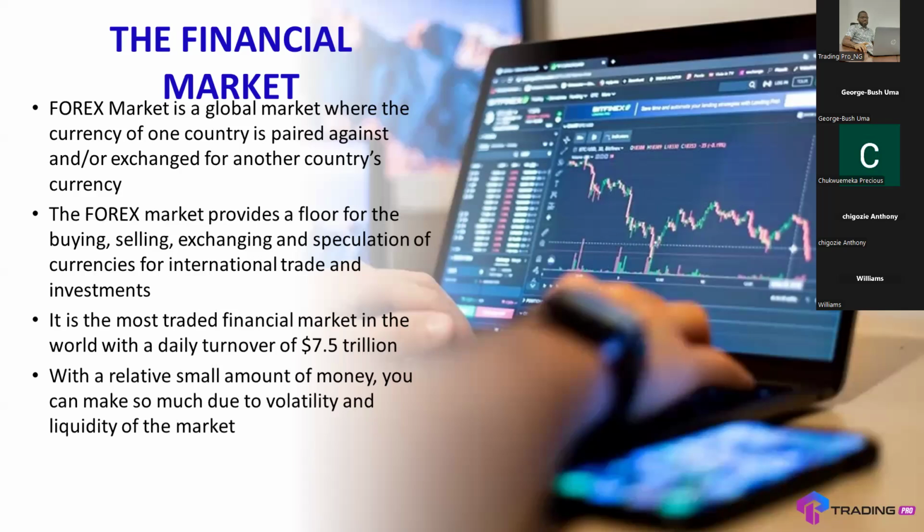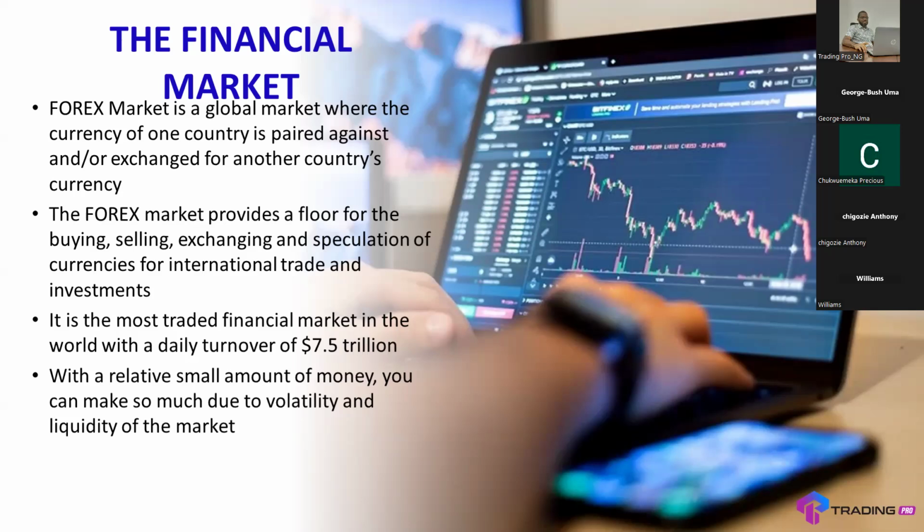But you have almost all the currencies of the world on our platform, especially once they are floated. You can trade them. You are not constrained by time, by limited currencies, or even by locality. From the comfort of your room, you can trade and make money. So that's the good thing.